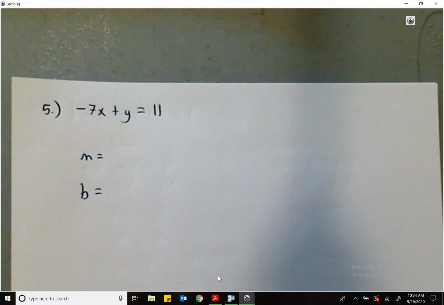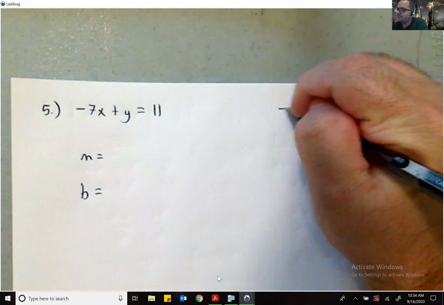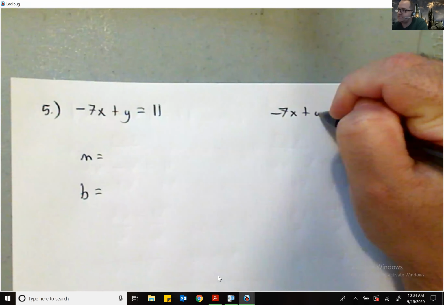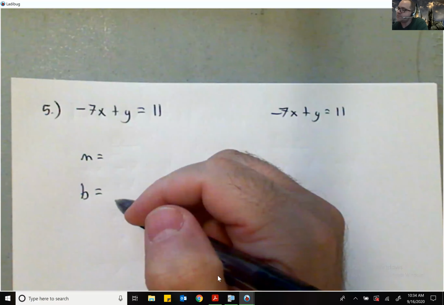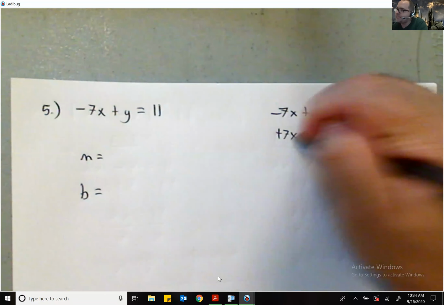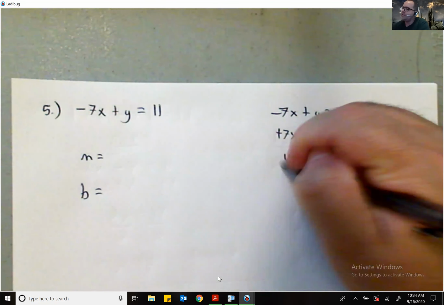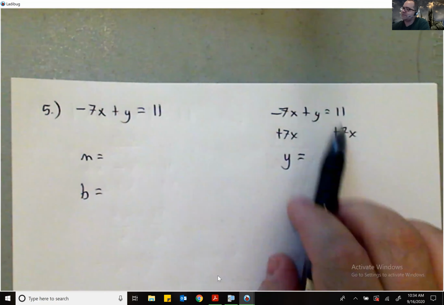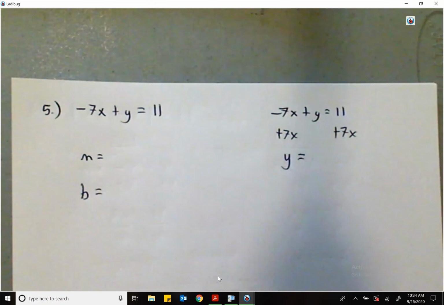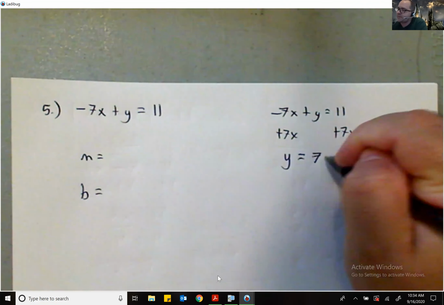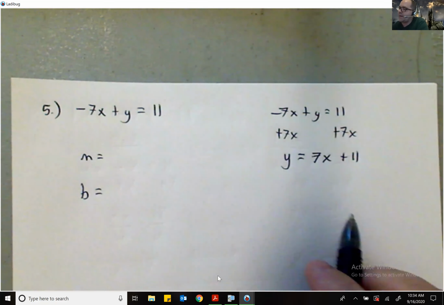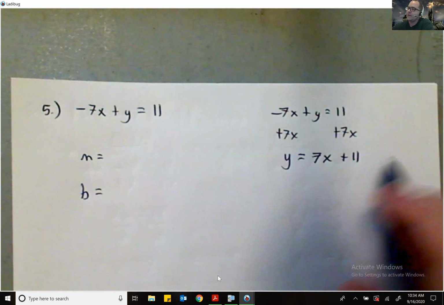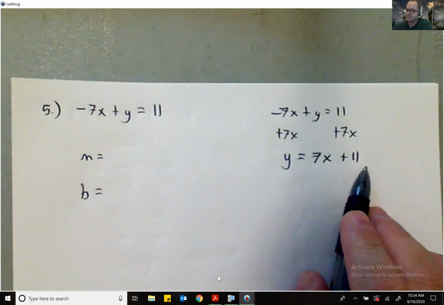Oh, you add 7x on both sides. There we go. This, Rochelle, is where you want to convert. So just rewriting over here so we can do some work. Add 7x to both sides. Perfect. Are the 7x and the 11 going to get together? No, separate. So you can either write 7x plus 11, or 11 plus 7x.